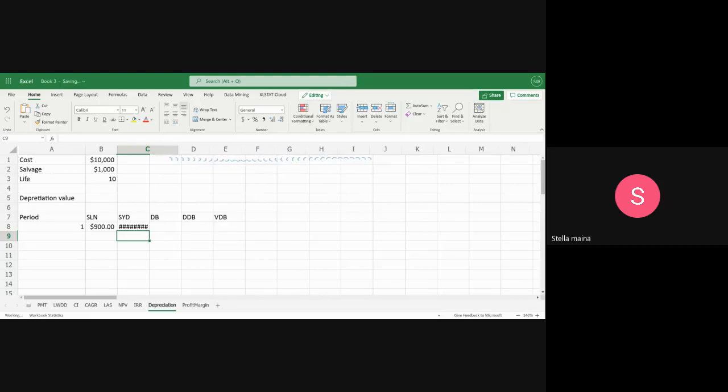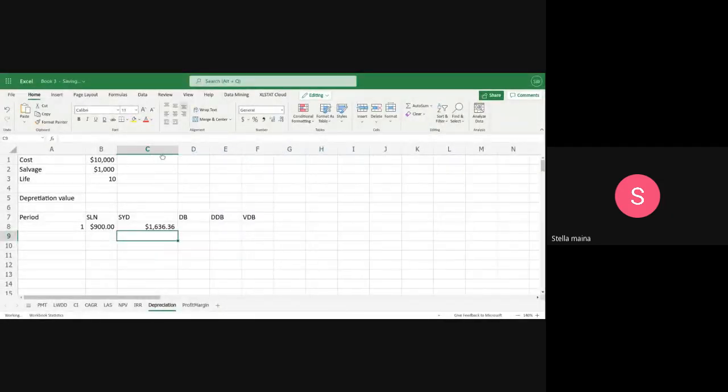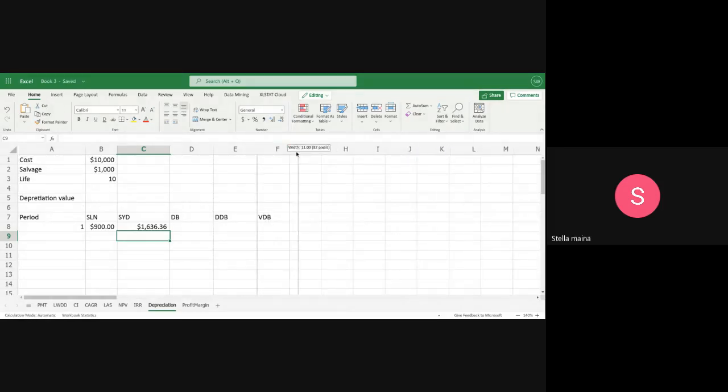Oh, that's a lot. Okay, just increase it. Yeah. So we can see that that's the depreciation using the sum of year digits.